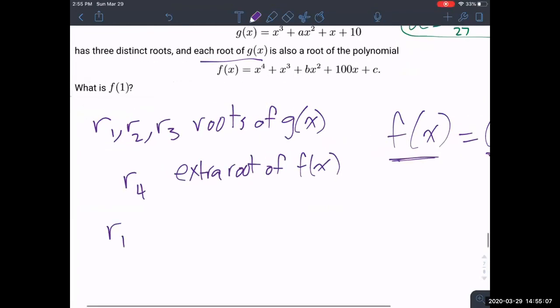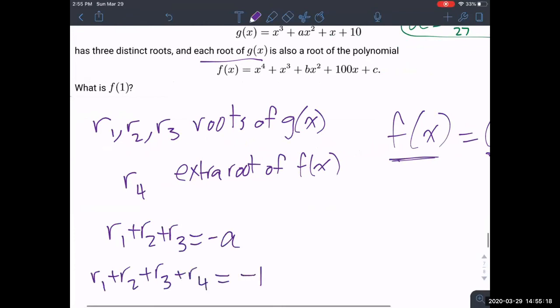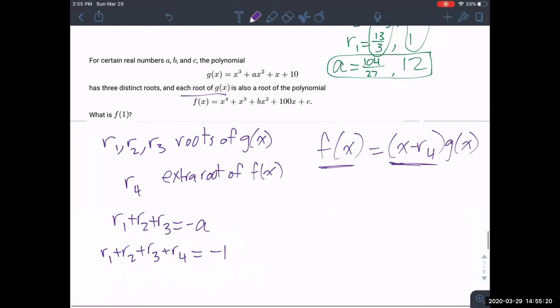R1 plus R2 plus R3 is negative a, and R1 plus R2 plus R3 plus R4 is also negative 1. So we can plug in negative a to get R4 is equal to a minus 1. That's a good place to start.